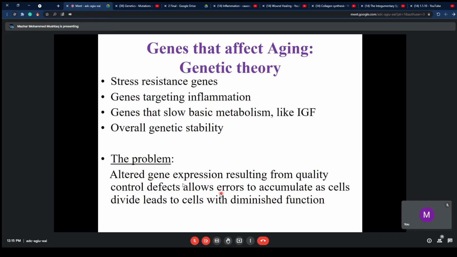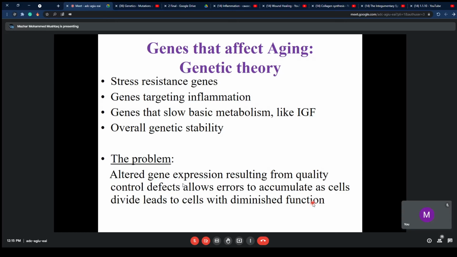As a result, there is an accumulation of mutations in the cell. The gene is expressed, but with a mutation, and that would affect the cell cycle, and as a result there is a diminished physiological function of the cell.